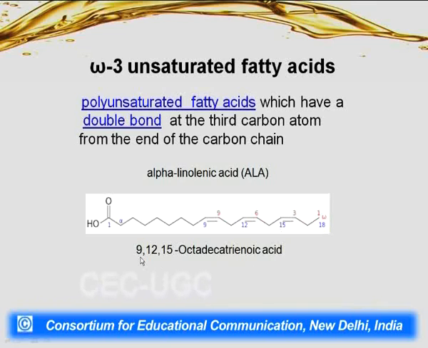So when we name this acid according to IUPAC system, its name comes out to be 9, 12, 15 octadeca trienoic acid. Octadeca stands for 18, triene stands for 3 pi bonds. So the IUPAC name for this compound is 9, 12, 15 octadeca trienoic acid.